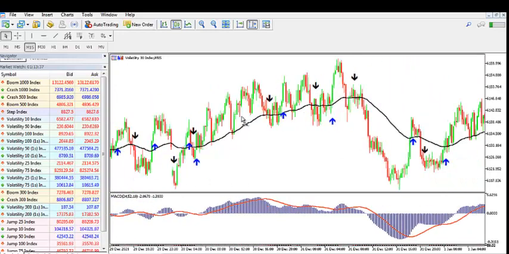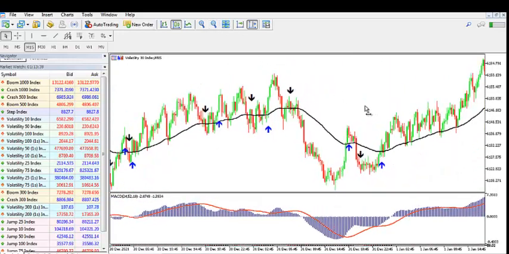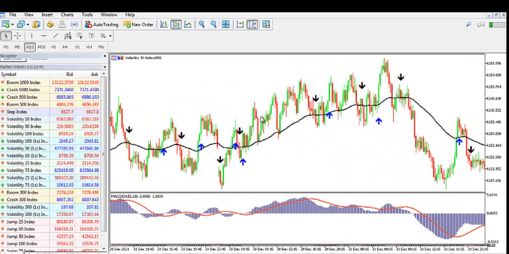It can help you to check what is happening in the market. Even despite all these choppy markets, it still gives you signals. And even if it is giving you signals like this, the only signal you want to take in all these choppy markets is the signal that correlates with the formation of the MACD.